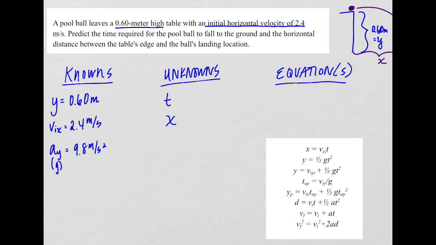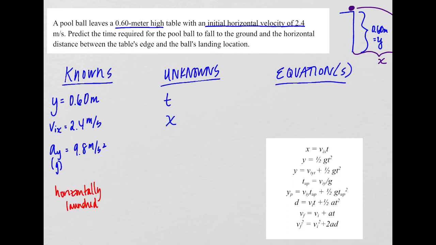So that means we have a horizontally launched projectile, and you can write it so you can remember. All right, so if we're using a horizontally launched projectile, let's think about the equations that we have.